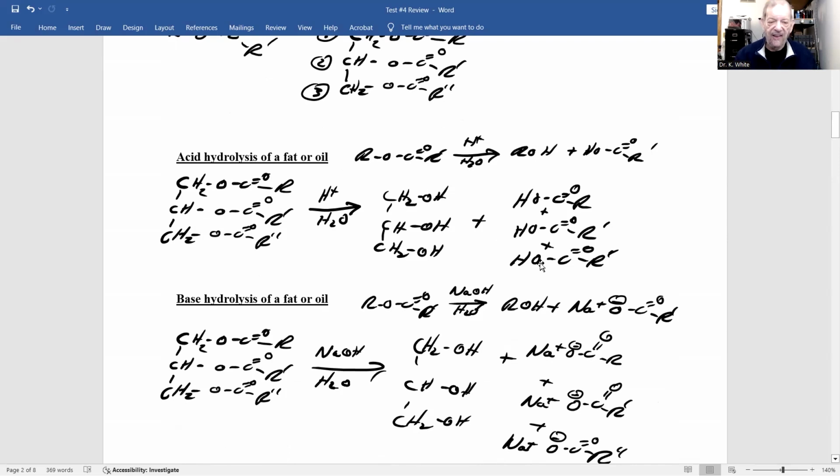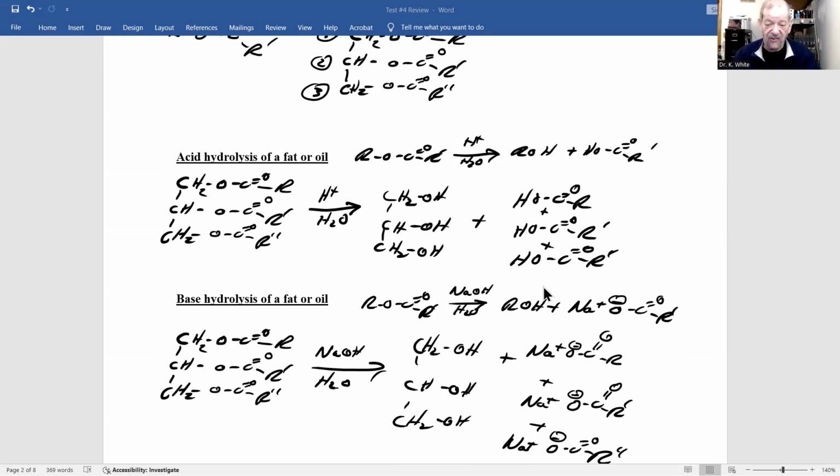Now, the carboxylic acids that come from hydrolysis of a triglyceride used to be called fatty carboxylic acids. And organic chemists are lazy. So instead of saying fatty carboxylic acids, they shortened it to fatty acids.